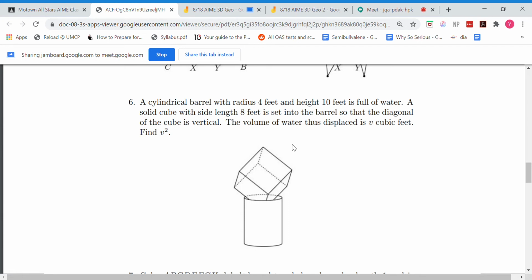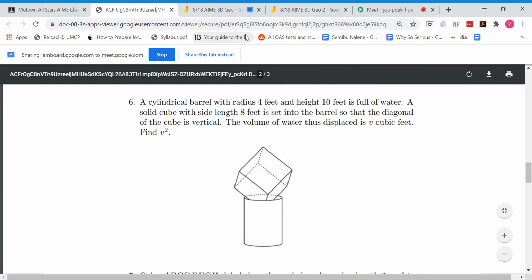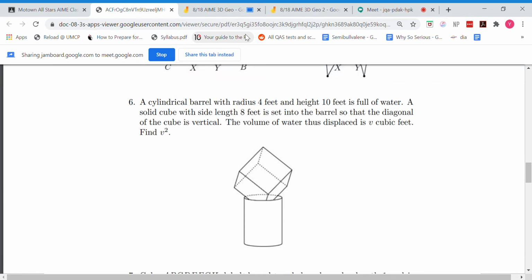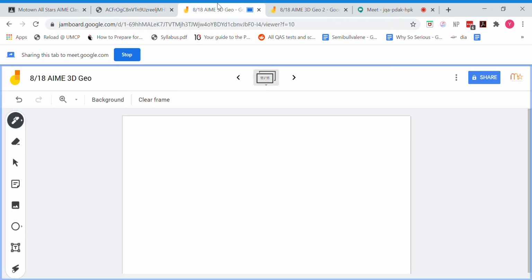And since those three sides are going to be resting on top of the barrel, there's going to be 3 points where the cube touches the top of the barrel. So if we look at the top of the barrel, it's a circle, right? And there's 3 points that touch.